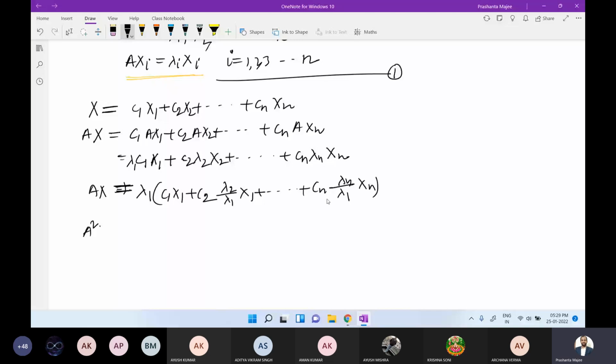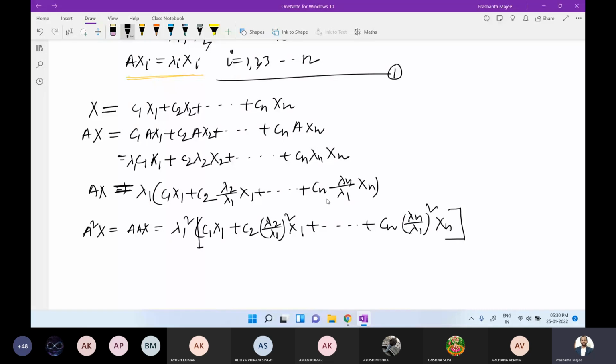So that will give you lambda 1 square times c1 x1 plus c2 lambda 2 by lambda 1 whole square x2 up to so on cn lambda n by lambda 1 whole square into xn. This is going to be the relation.